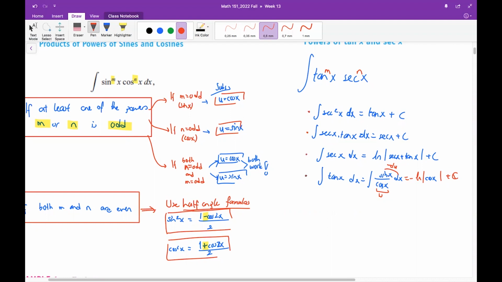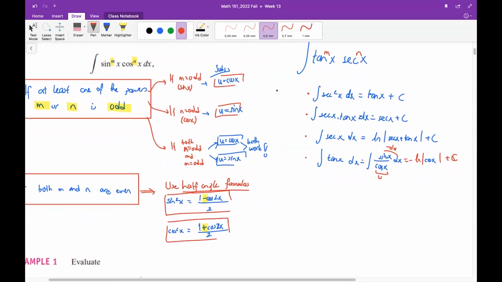So what I mean is, for the higher powers here, for m and n, we will be using this trigonometric identity relating secant and tangent. You can use this identity in this form too: tangent square x is secant square x minus 1. Either this or in this form you can use it.